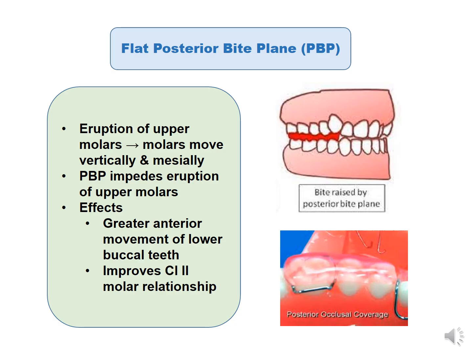During eruption, the molars will move vertically and mesially. The effect of the posterior bite plane is to impede the eruption of the upper molars. This results in greater anterior movement of the lower buccal teeth, and this tends to improve the class 2 molar relationship.